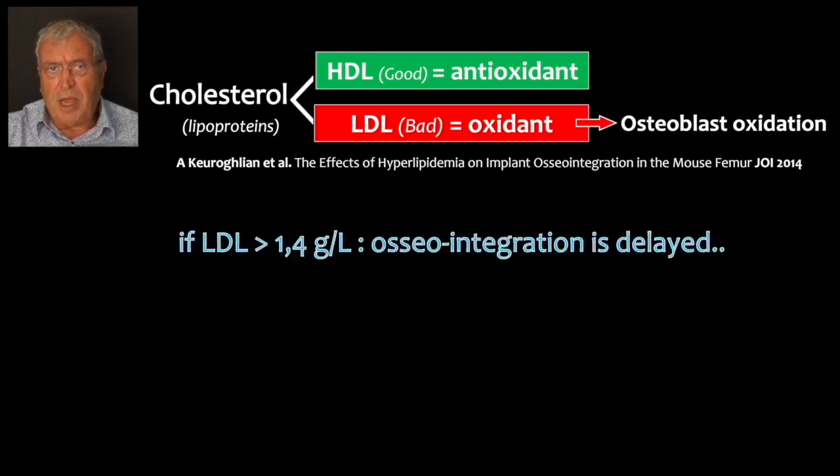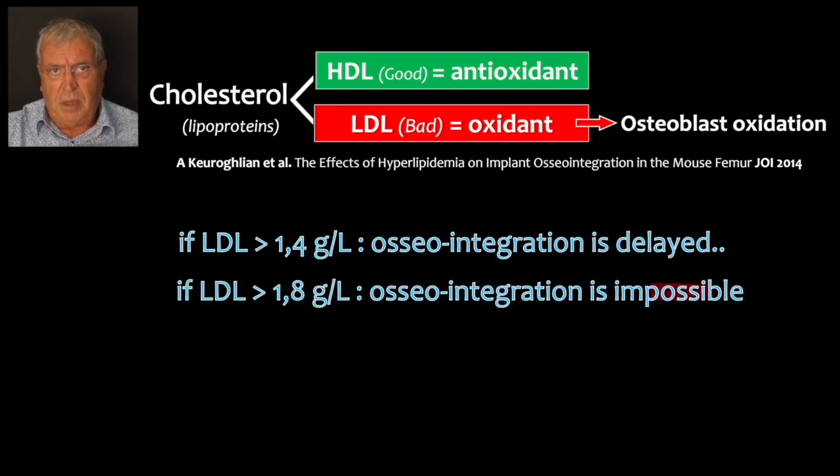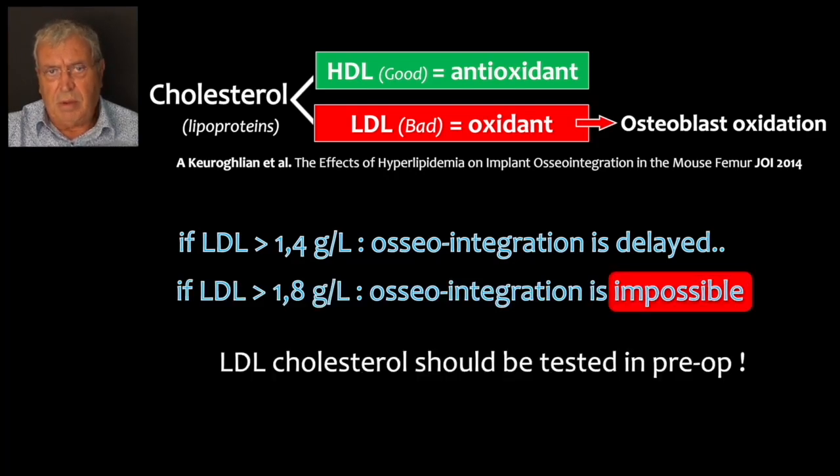If the LDL is less than 1.4, the osseointegration will be delayed. If the LDL is above 1.8, osseointegration is impossible, even in dream. This is why I recommend you to test the cholesterol in pre-op.